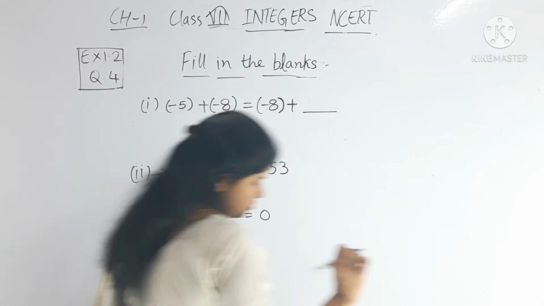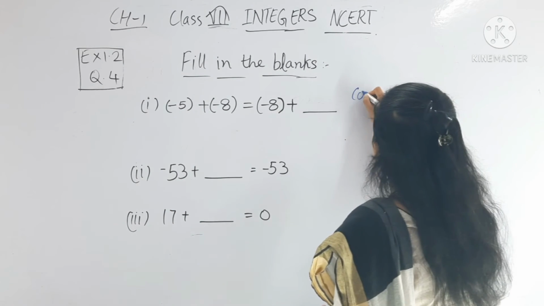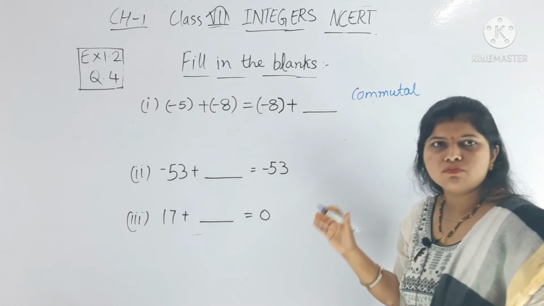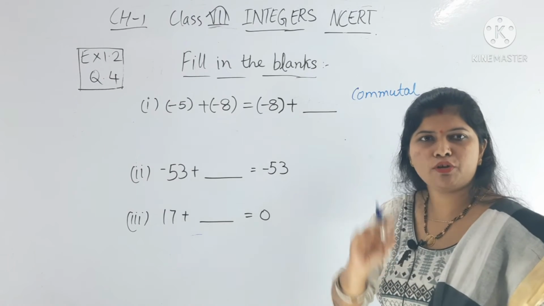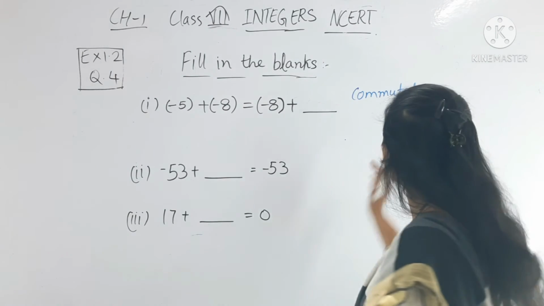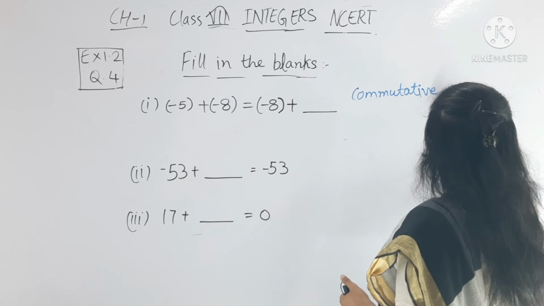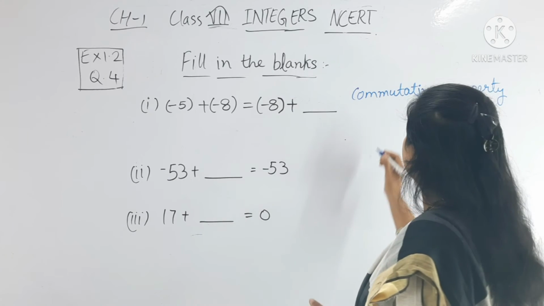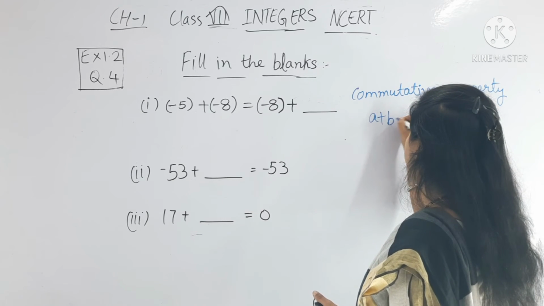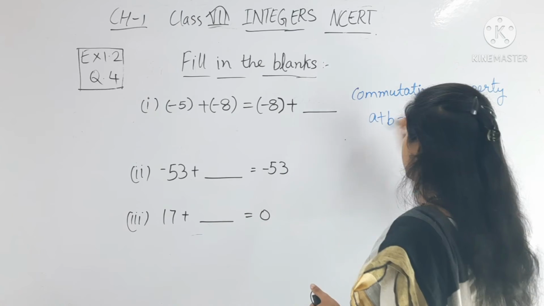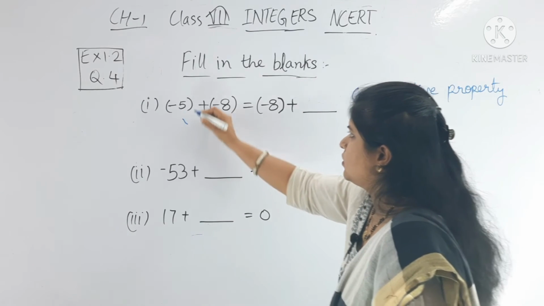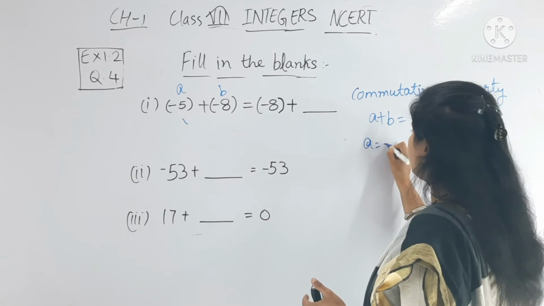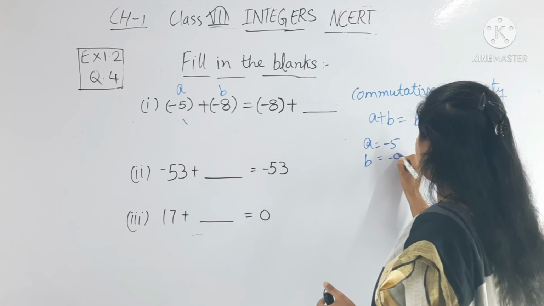So I had told you the commutative property. Here we use all the properties that I told in my introduction video. Commutative property: what it says, A plus B is equal to B plus A. So here this one is A and this one is B. A equal to minus 5 and B is equal to minus 8.